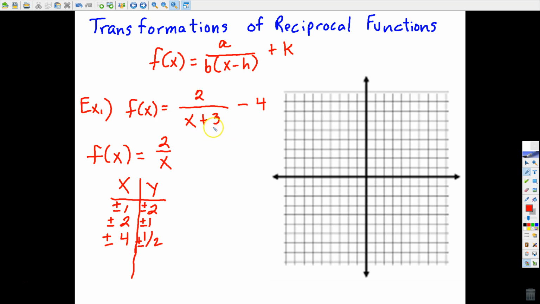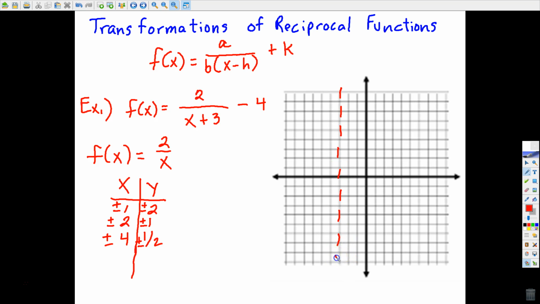Yeah. Left 3. Everybody see that? Whenever we're adding or subtracting to x, it's always a horizontal move, and it's tricky because it's really the opposite. So since I'm moving left 3, I no longer have a vertical asymptote of the y-axis like the parent typically does. It now has a vertical asymptote of x equals negative 3.